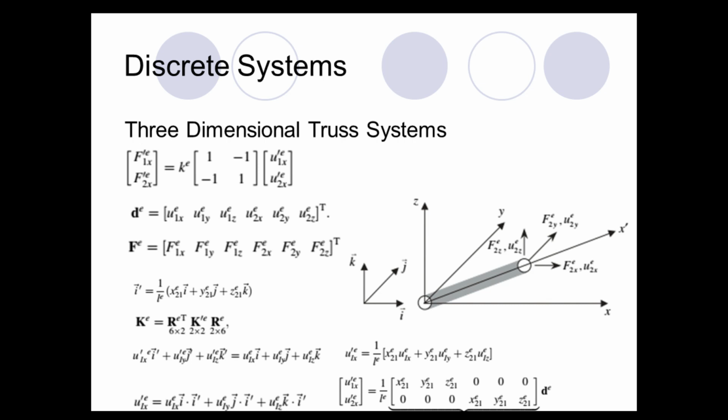This is the rotation matrix: x21 y21 z21 0 0 0, and then 0 0 0 x21 y21 and z21. This is multiplied by the displacement in the global coordinate system. This has to be divided by the length of the element. The rest is not that different from the two-dimensional problem. Okay, thank you.